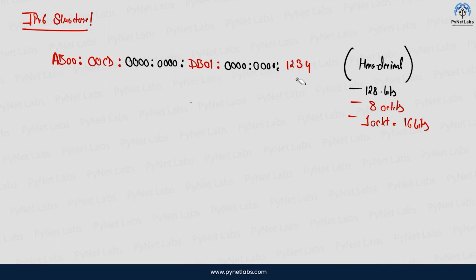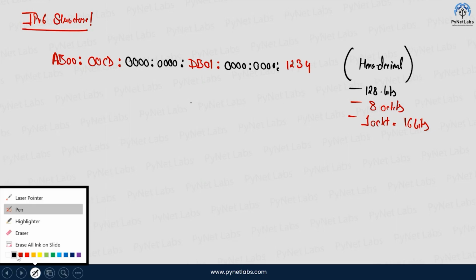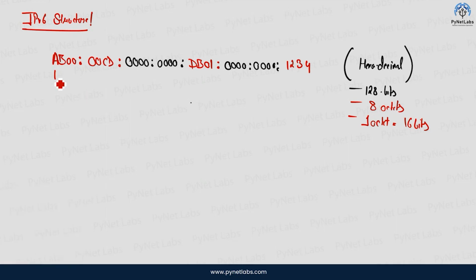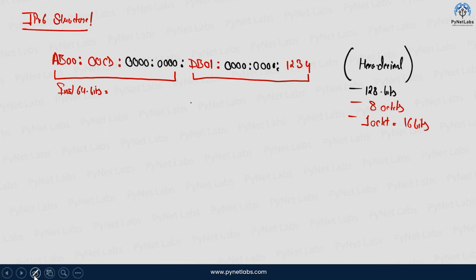And now from these 128 bits, similarly to IPv4, we have some network portion and we have some host portion. In this as well, we are going to have a network and host portion. So the first 64 bits and the last 64 bits. The first 64 bits are considered your global prefix value.